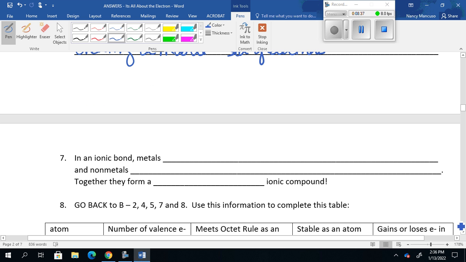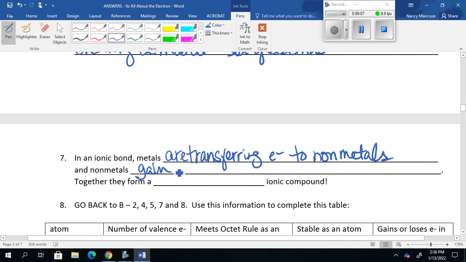In an ionic bond, metals are transferring electrons to the nonmetals, and they're doing that to be stable. The nonmetals gain the electrons from the metals.